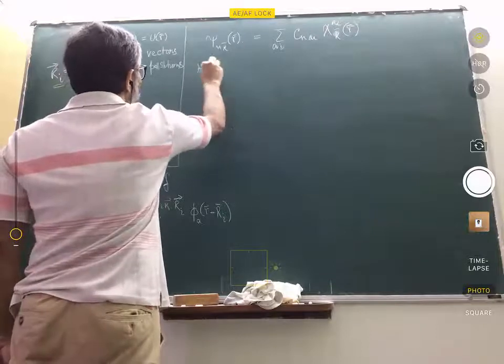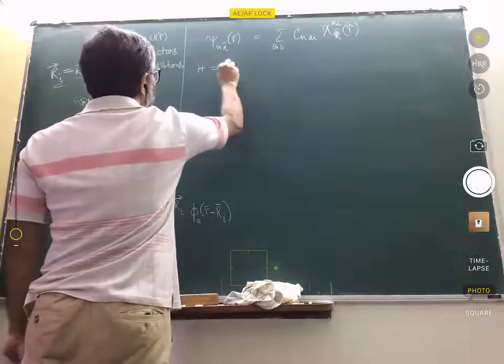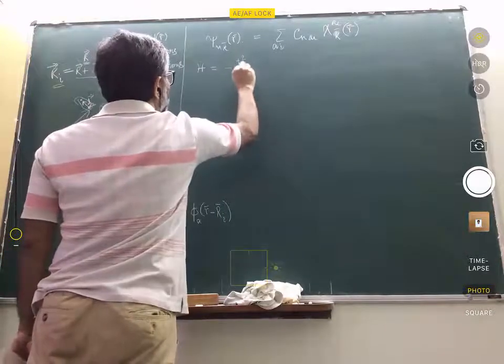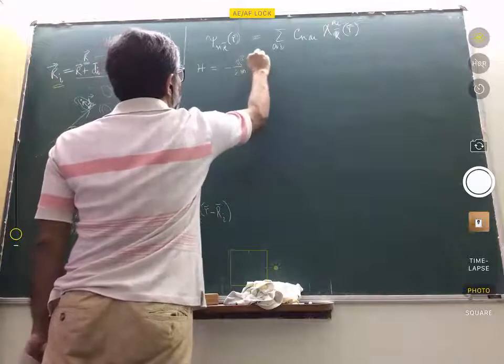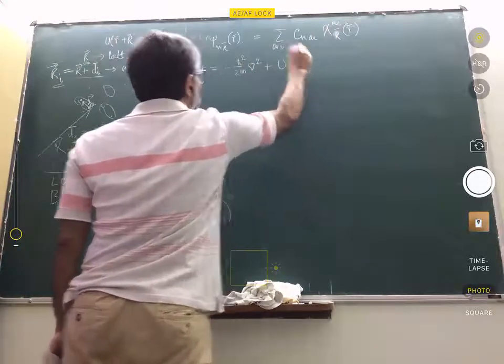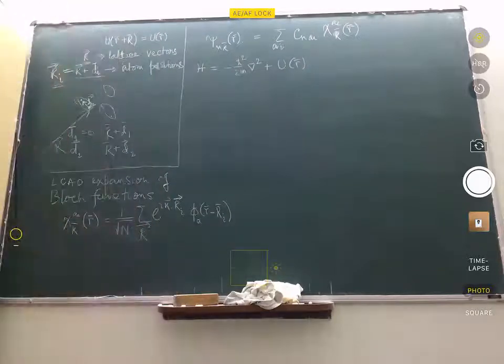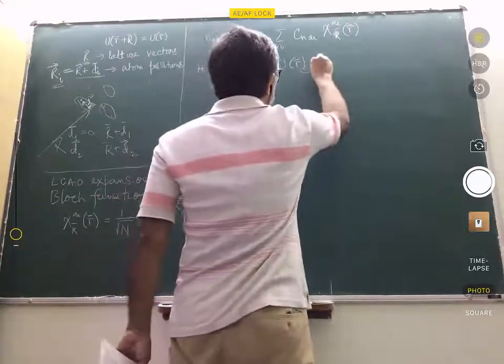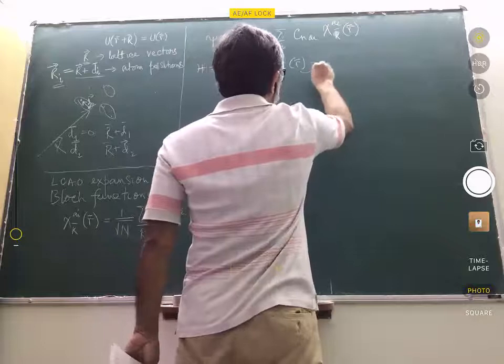So this Hamiltonian is this, where this U is the potential that the electrons experience because of the ions.